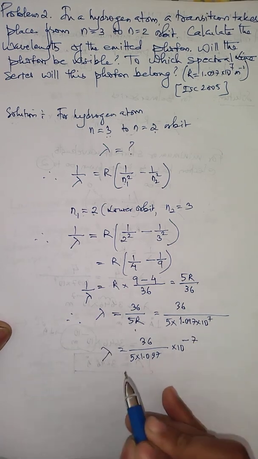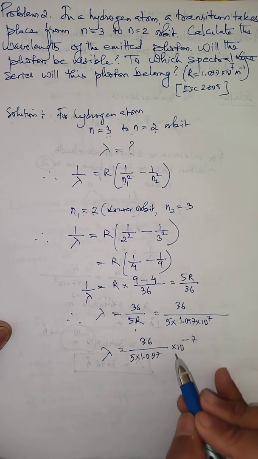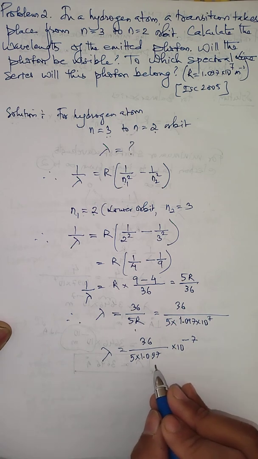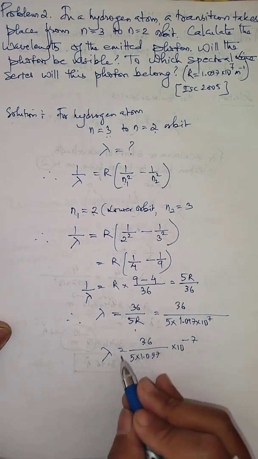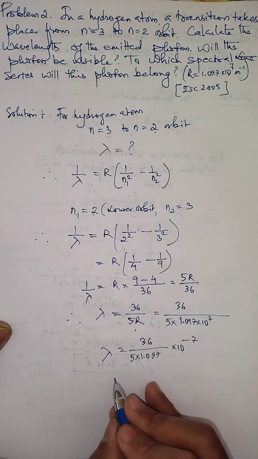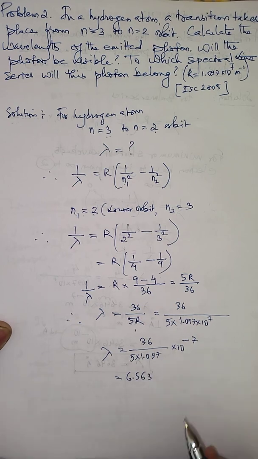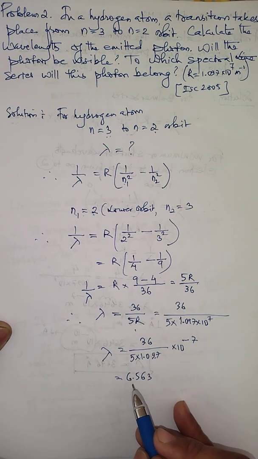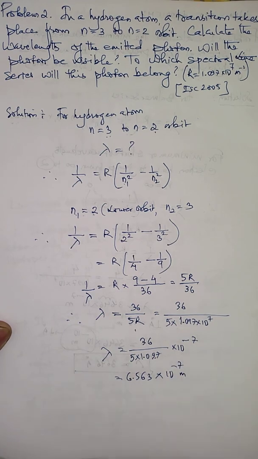Multiply the denominator quantity and divide into 36, and we get approximately 6.563. Children, you can do the calculation yourself. You get approximately 6.563 times 10 to the power minus 7 meter.